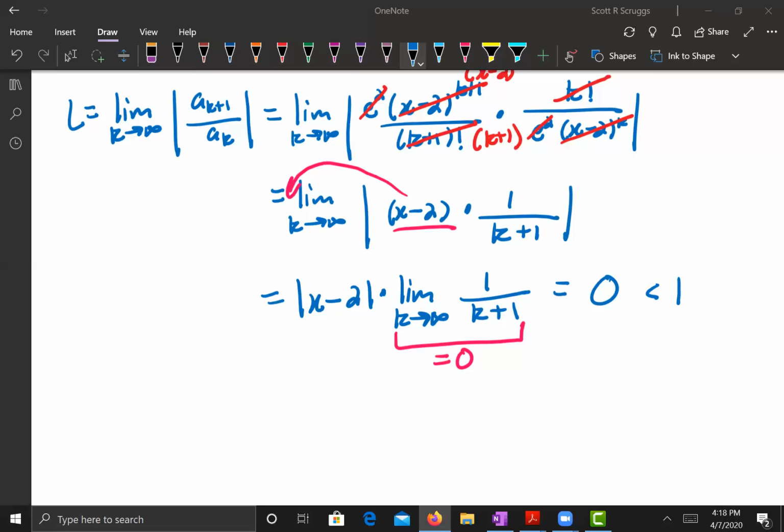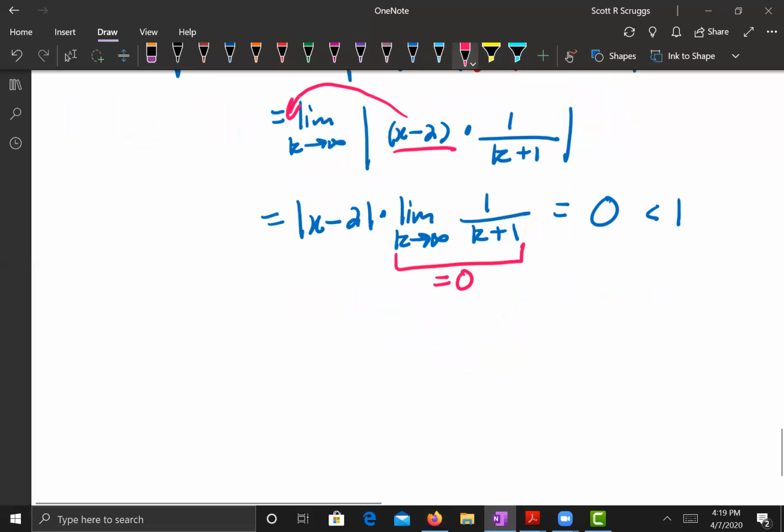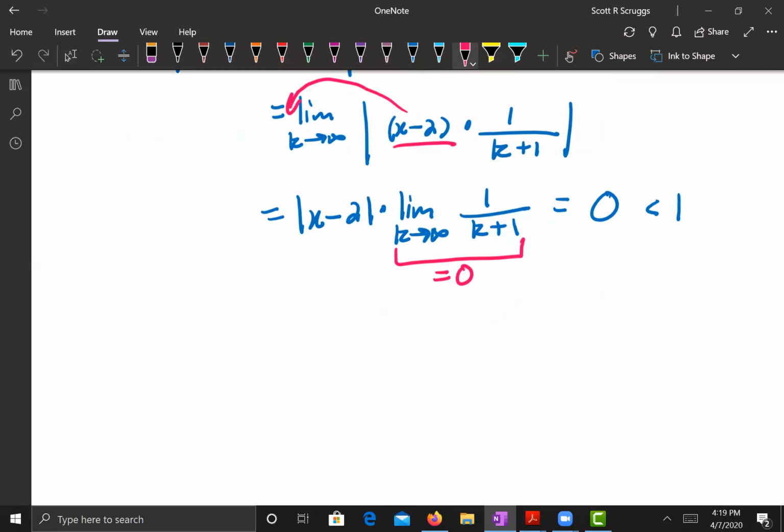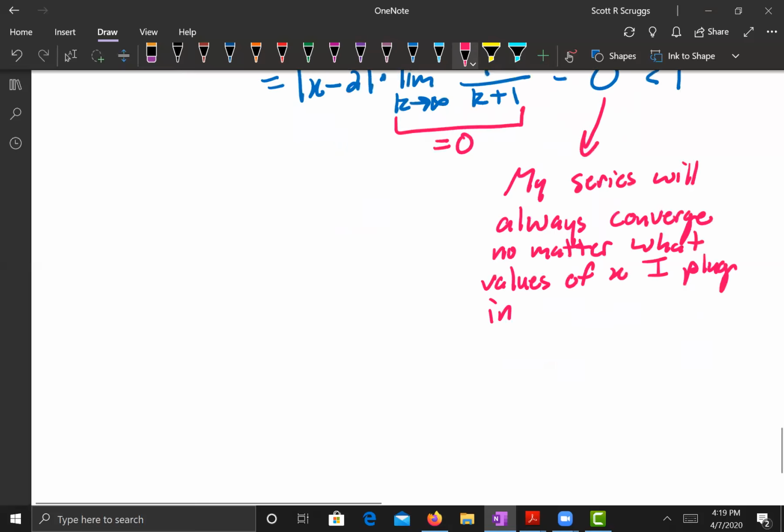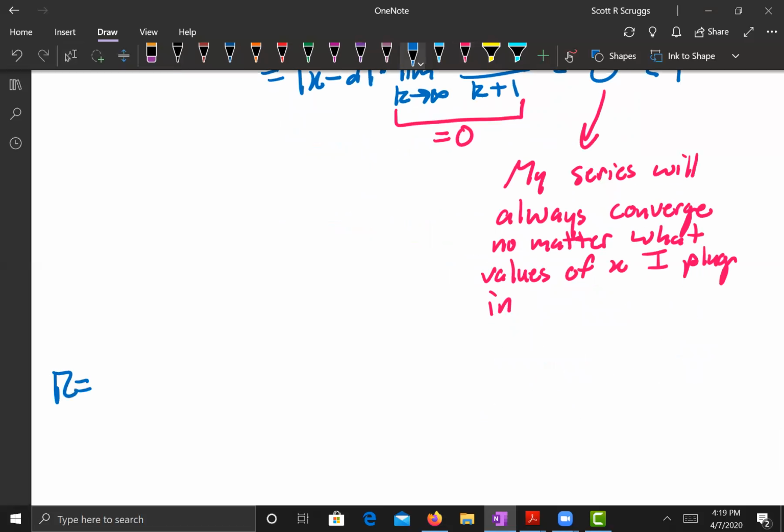Bingo. The radius is infinity, because the way that I get to interpret it is that if I get 0, my series will always converge no matter what value of x I plug in, which means my radius of convergence is infinity.